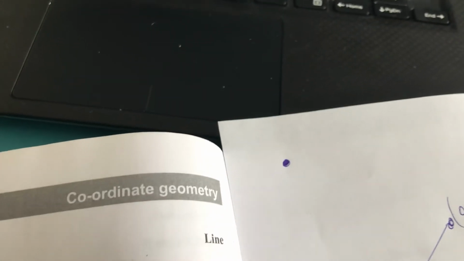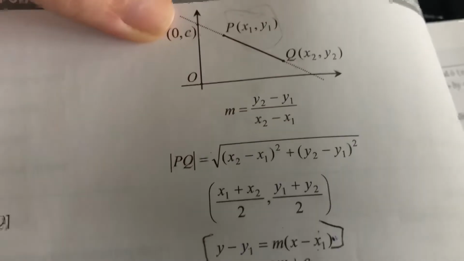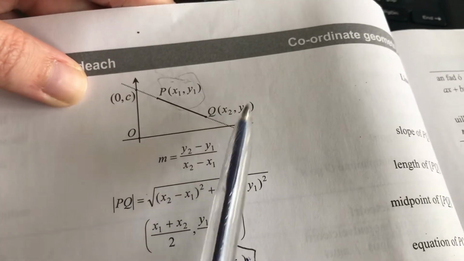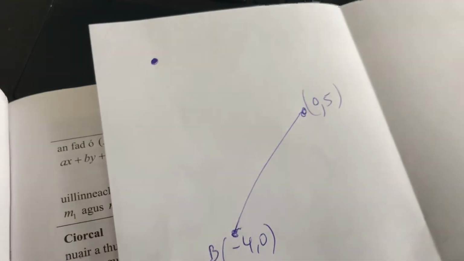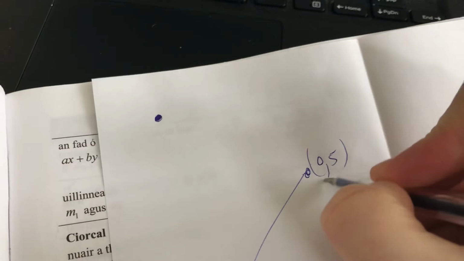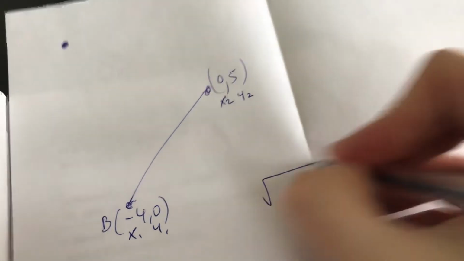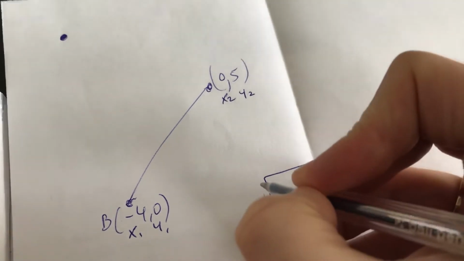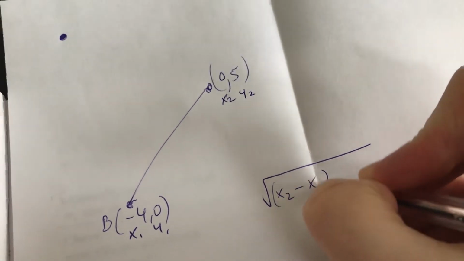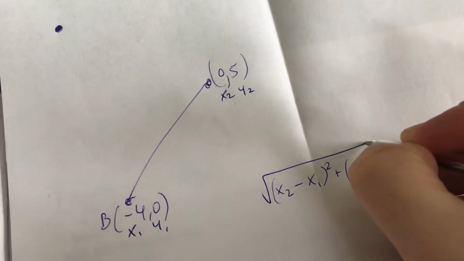If you look at your log tables, it says how to label them. Call one of them x1, y1, the other one x2, y2. So I'll just call this x1, y1, and this one x2, y2. And then I get my formula and I carefully fill it in. So I want x2 minus x1 squared plus y2 minus y1 squared.